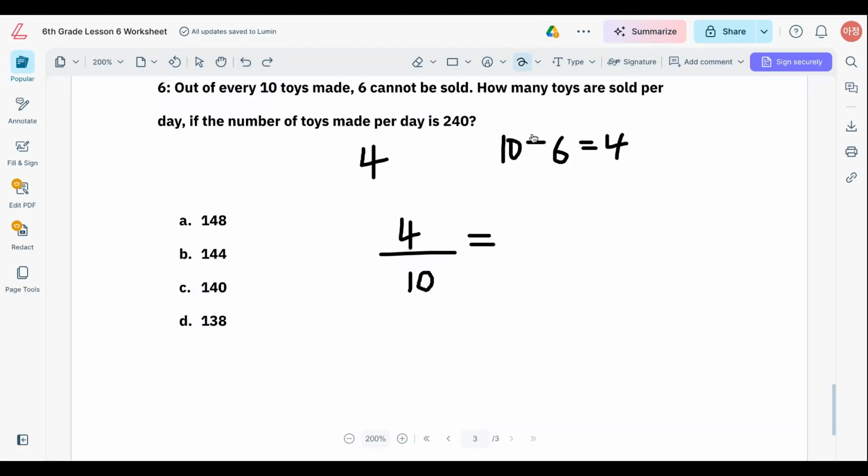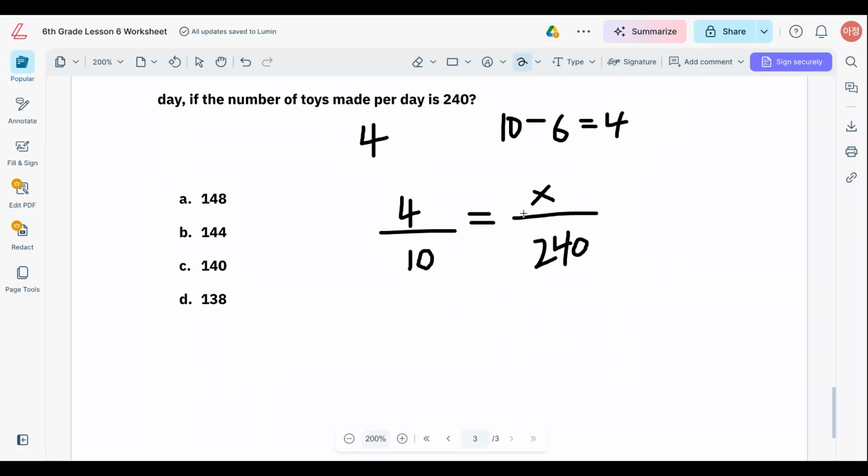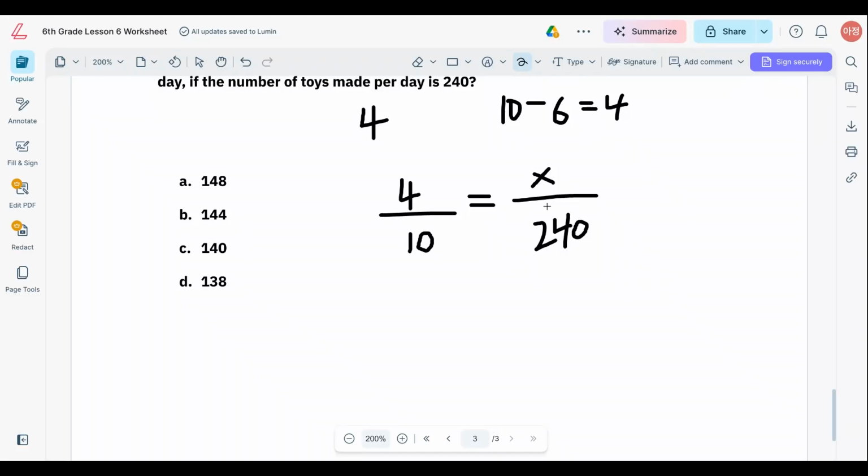Alright, so how many toys are sold per day? So we're trying to find this. If the number of toys made per day is 240, so 240 is going to be the total. So 240 is made, and how many out of the 240 will be sold? We can do cross multiplying, but we can also just look at the ratio. 10 times what equals 240?